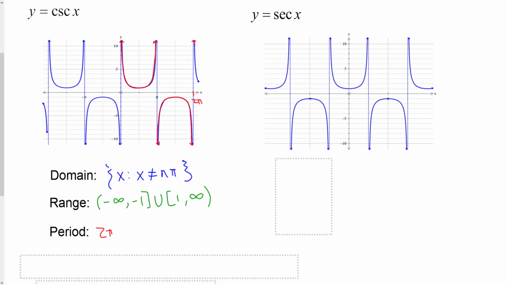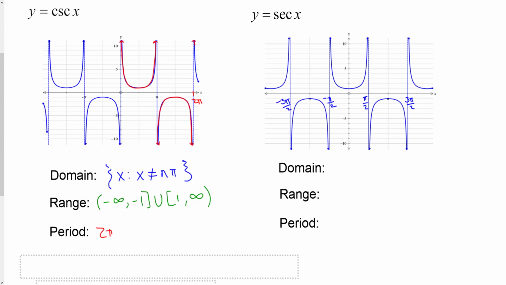Now, in a similar way, you can come up with the aspects that are pertinent to secant of x. So the domain is a little bit different because here, multiples of pi are defined. It's these points right here, like this is pi over 2. This is 3 pi over 2. This is negative pi over 2, negative 3 pi over 2.